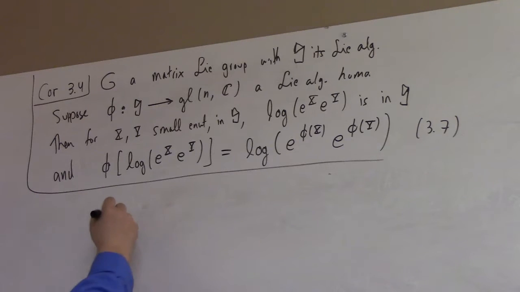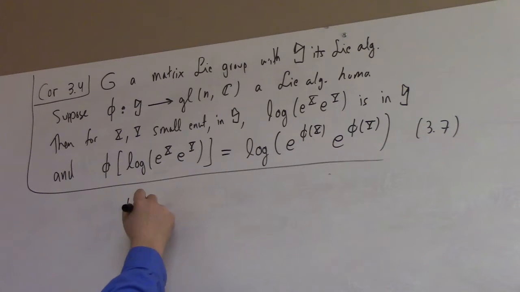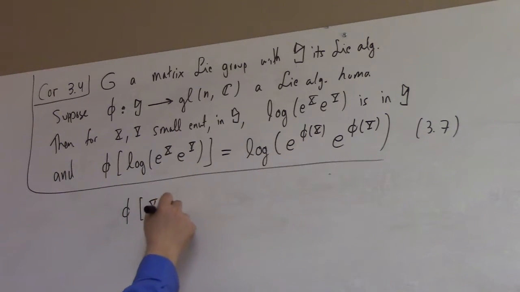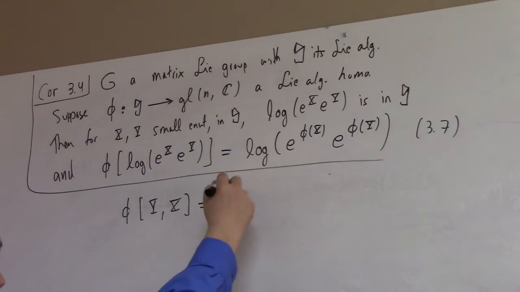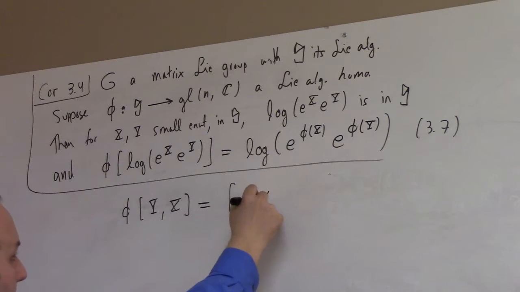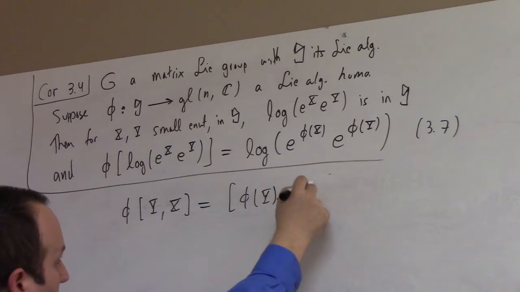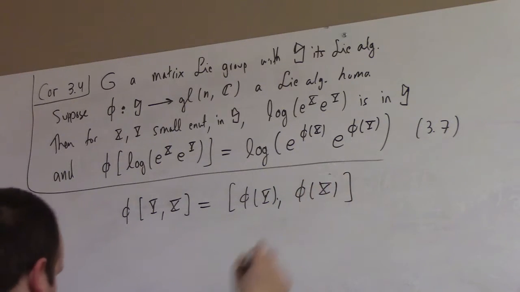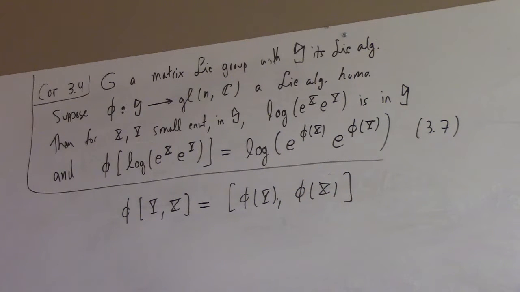We have phi of yx is equal to what? Phi of y, phi of x, right? That's what it means to be a Lie algebra homomorphism. And he points out that that also means what? You can restate that in terms of little adjoints. How so?